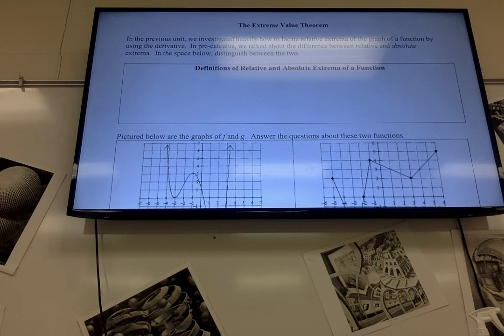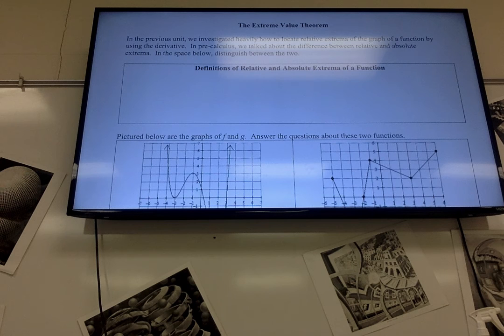We learned back in this class how to find, and we did it in pre-cal too, relative min and relative max. And we can find it using derivatives, right? It's easy to look at a graph and tell, oh, this is our minimum, or this is our maximum.